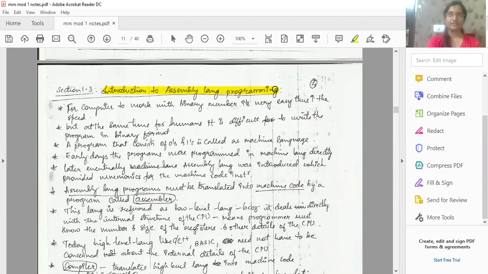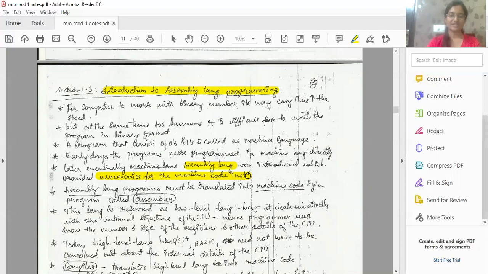Earlier, programmers wrote programs in zeros and ones directly, but to make it more convenient, they came up with assembly language, which provided mnemonics for the machine code, comfortable for the programmer to write programs.